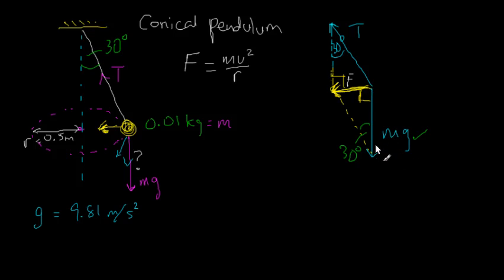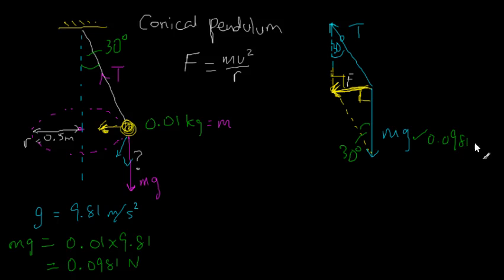In fact, let me just calculate it to make that clearer. If m is 0.01, then mg is 0.01 times 9.81, which is 0.0981 of a Newton. So that's my force here, 0.0981 of a Newton. Okay, that's 30 degrees.